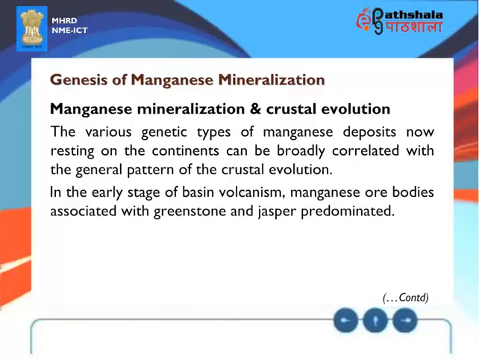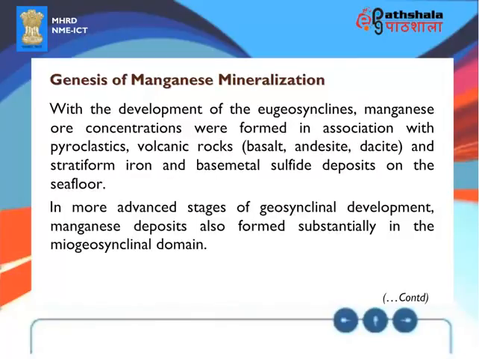Manganese mineralization and crustal evolution. The various genetic types of manganese deposits now resting on the continents can be broadly correlated with the general pattern of the crustal evolution. In the early stage of basin volcanism, manganese ore bodies associated with greenstone and jasper predominated. With the development of the UGO synclines, manganese ore concentrations were formed in association with pyroclastics, volcanic rocks, basalt, andesite, dacite, and stratiform iron and base metal sulfide deposits on the seafloor.